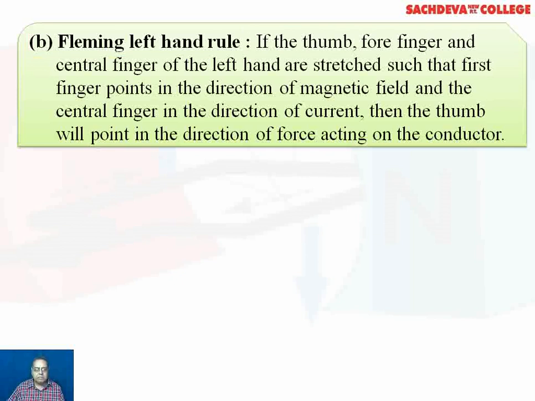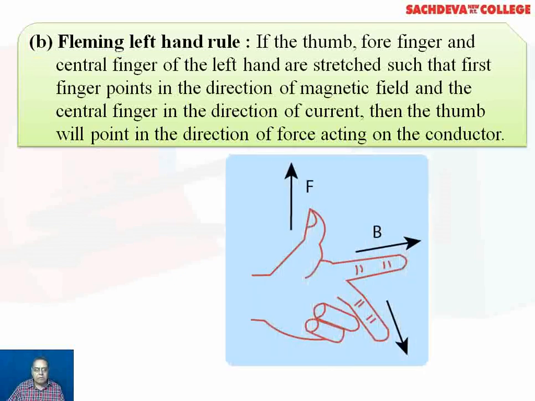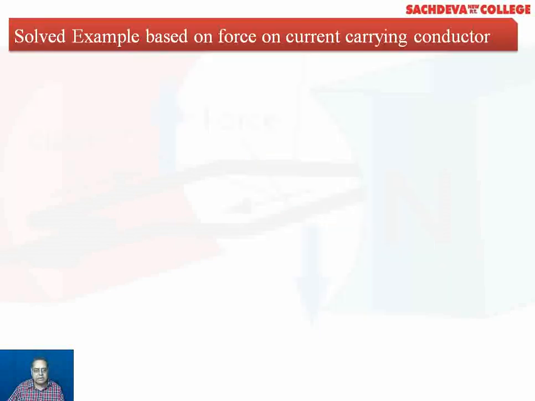If the thumb, the forefinger, the central finger of the left hand are stretched such that the first finger points in the direction of magnetic field and the central finger in the direction of current, then the thumb will point in the direction of force acting on the conductor.